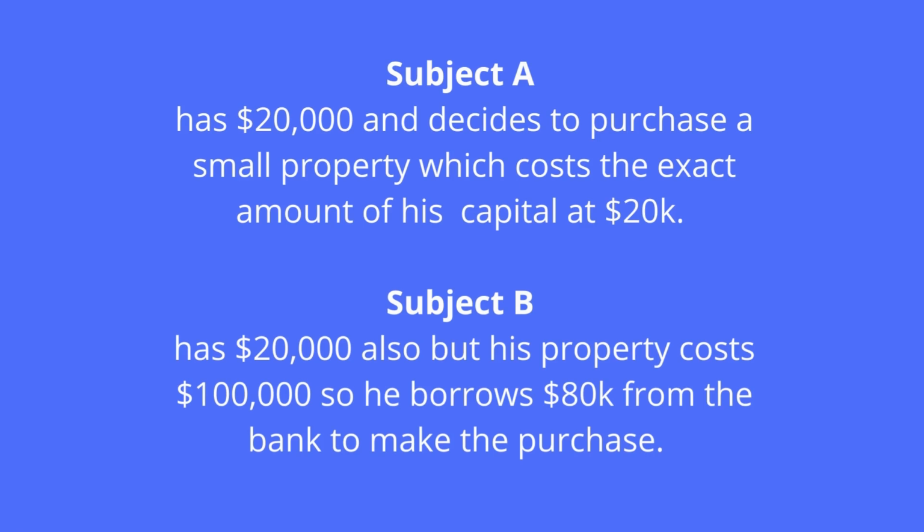So he goes ahead and buys that property. And then we've got subject B. He's also got $20,000, but the property that he wants to buy is actually $100,000. So what he does is he leverages by borrowing money from the bank to make the purchase.